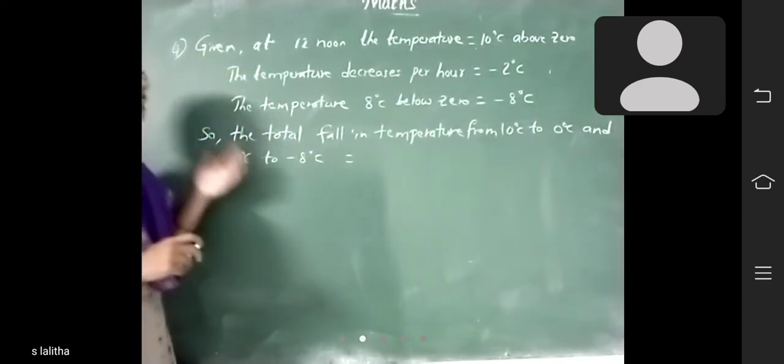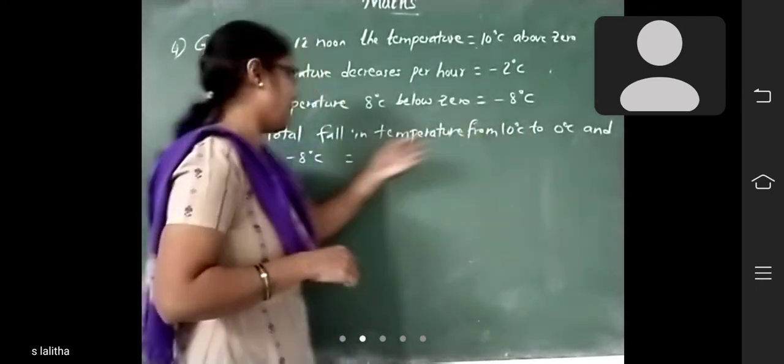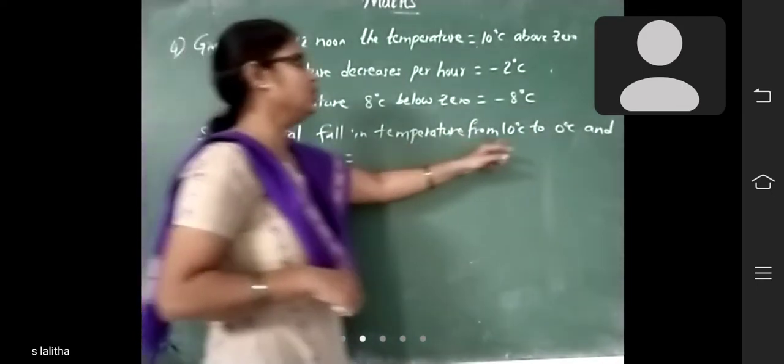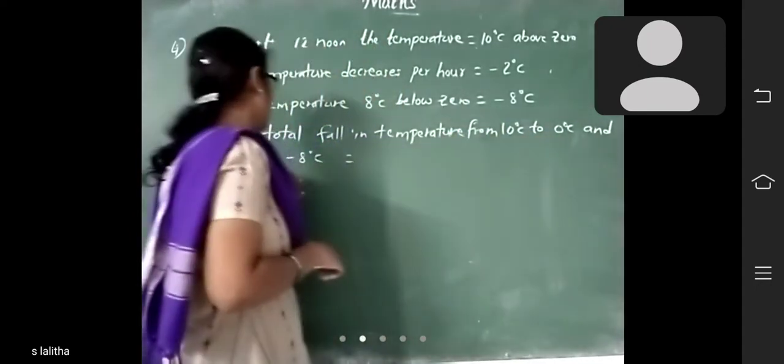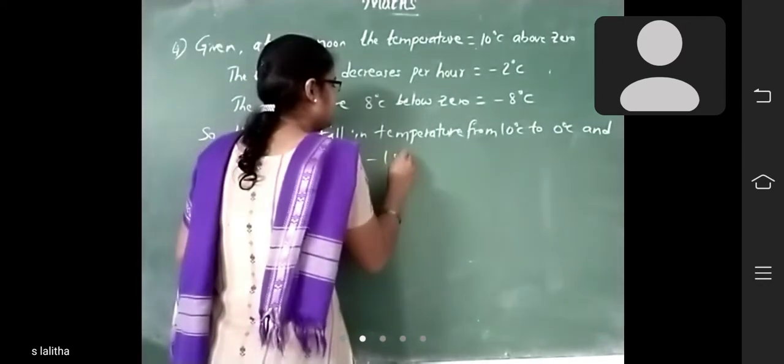So you have to find the total falling temperature, 10 degrees to 0 degrees and 0 degrees to minus 8 degrees centigrade. Here 10 to 0 means 10 degrees plus 8 degrees. How much? Minus 18 degrees centigrade.